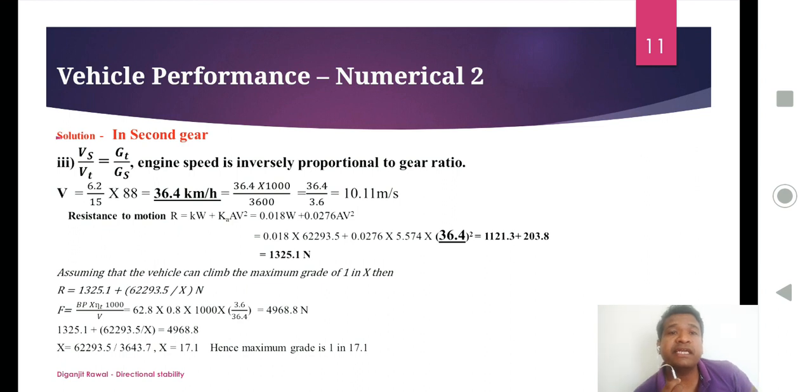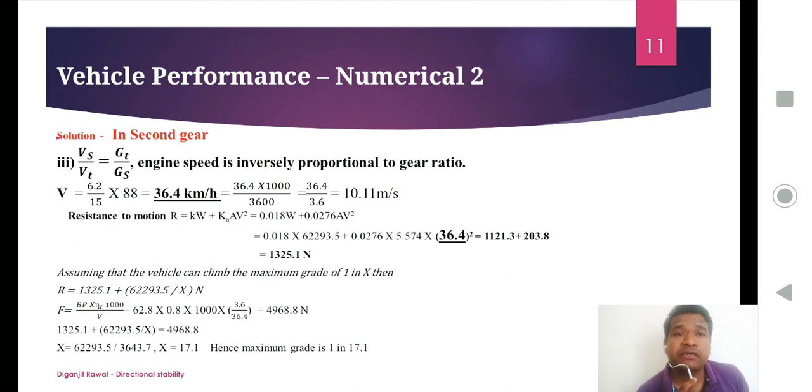Next, in second gear, we know the ratio Vs upon Vt is equal to Gt upon Gs. So the speed in second gear divided by speed in top gear is equal to gear ratio in top gear divided by gear ratio in second gear. So engine speed is inversely proportional to gear ratio.